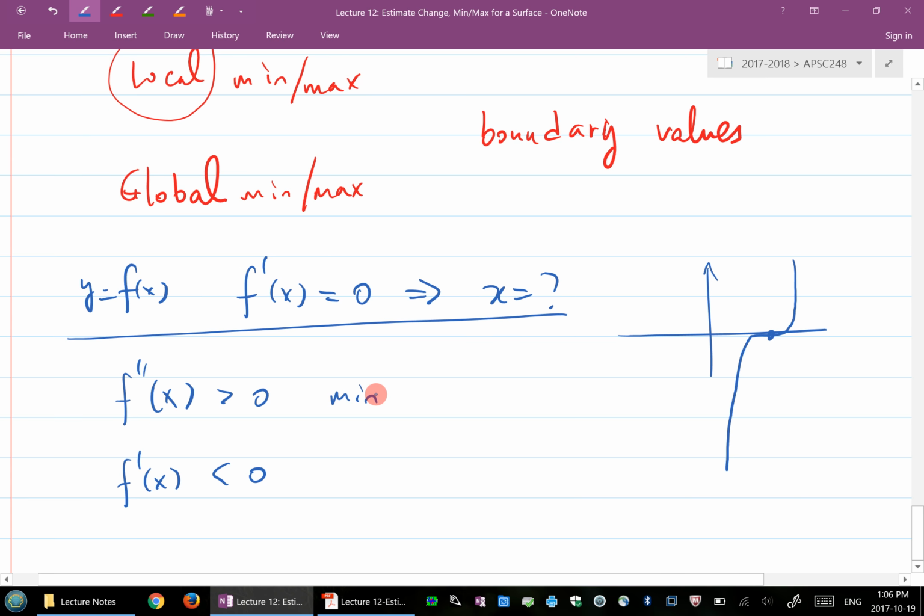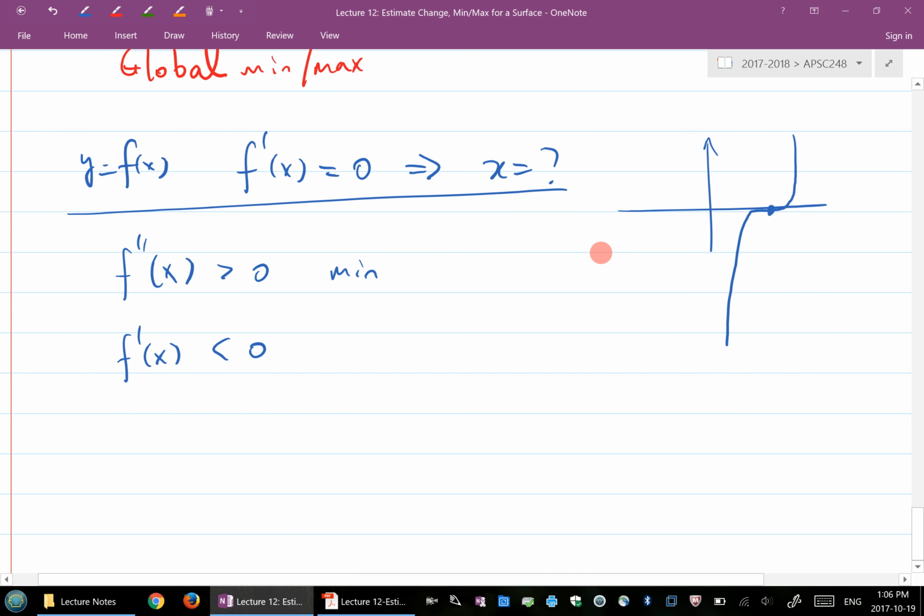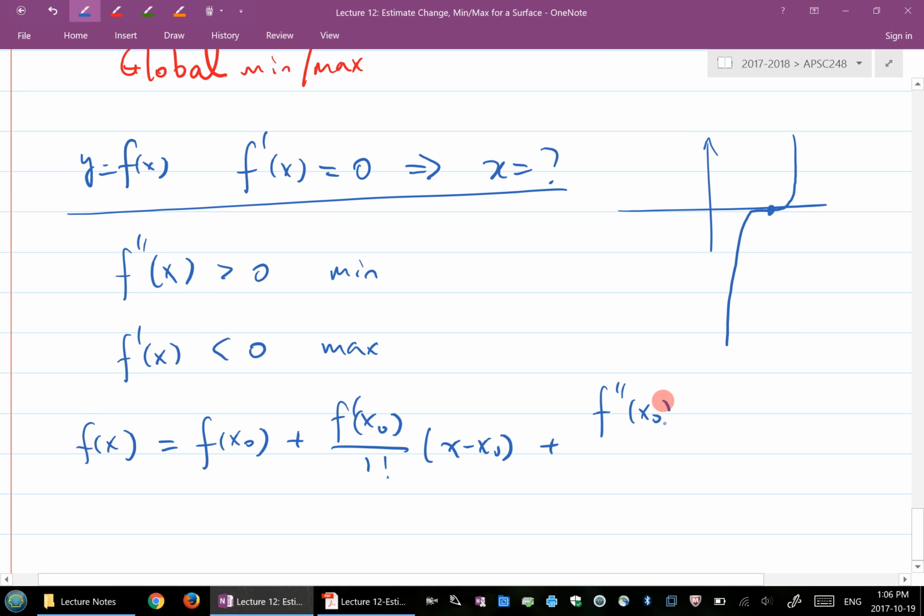If you can't remember these things, the way I remember is always to use the Taylor series expansion, and of course you have to remember Taylor's expansion, plus higher order terms.